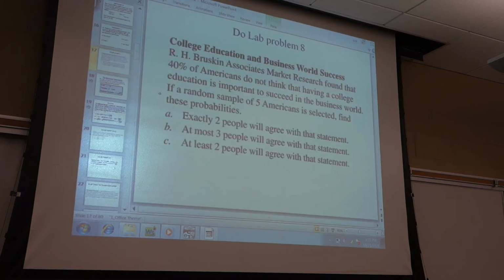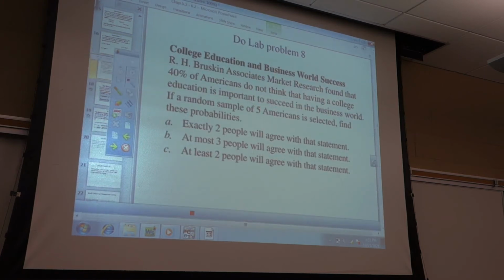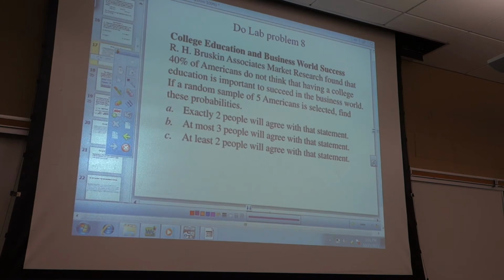Okay, so this is where we left off last class. What we figured out was, remember, random sample of, that's your n. Random sample of is your n. And then 40%, that's your little p.